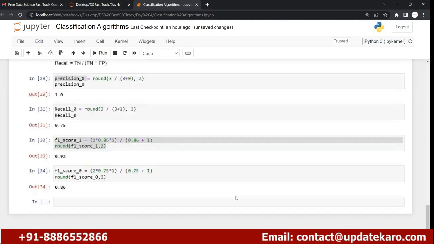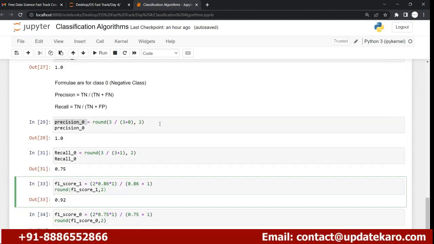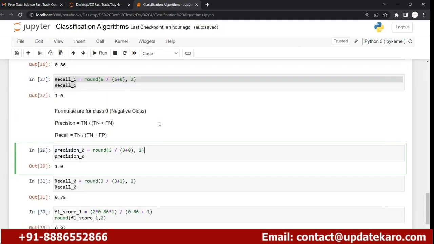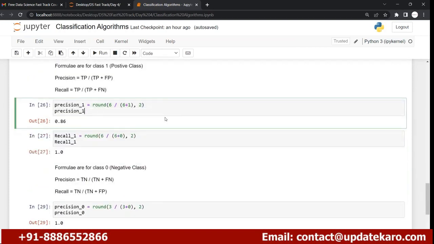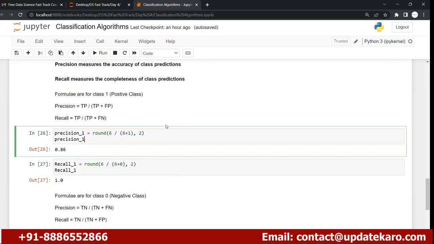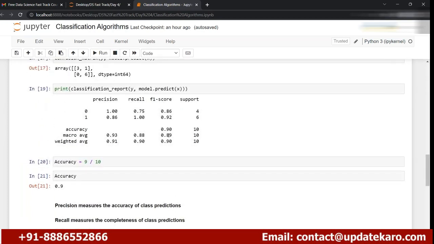Why did I do all this, show you this by formula, and check all these things? Because guys, the first time you are dealing with something, you should understand each and everything. That's why I showed you this.